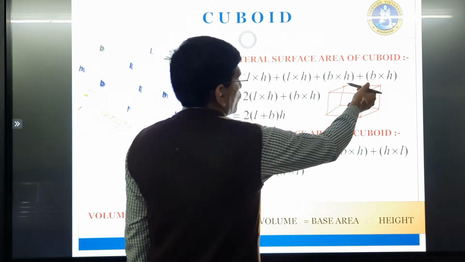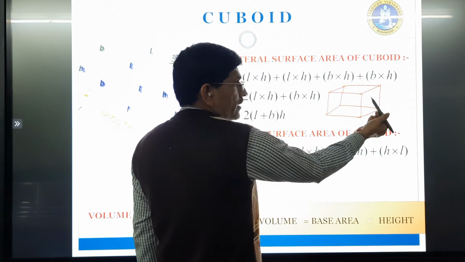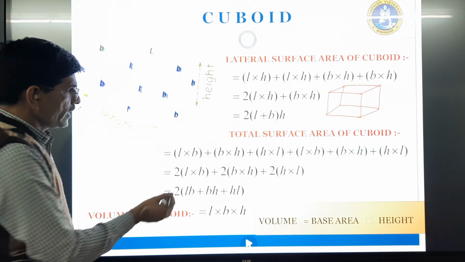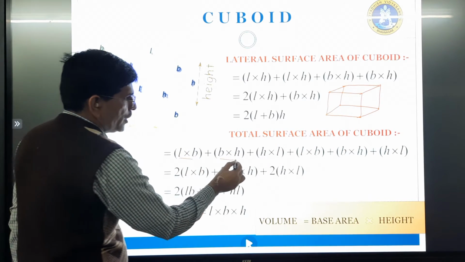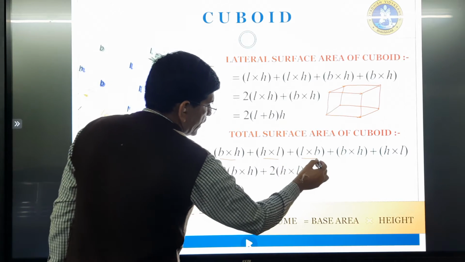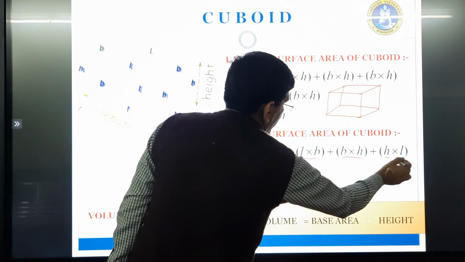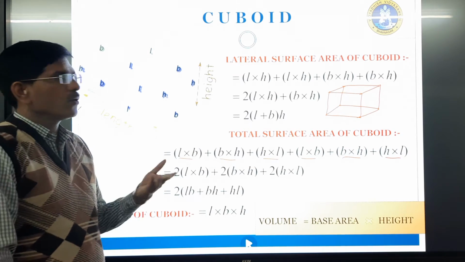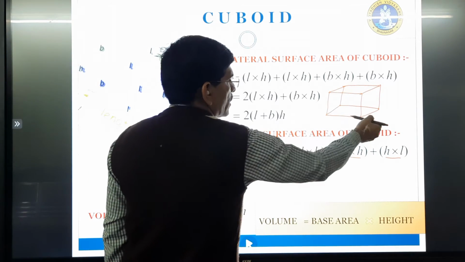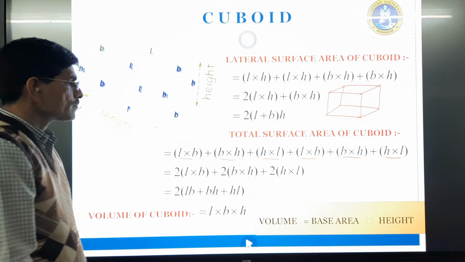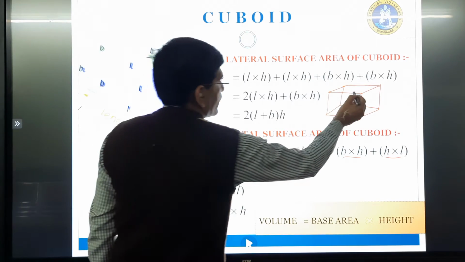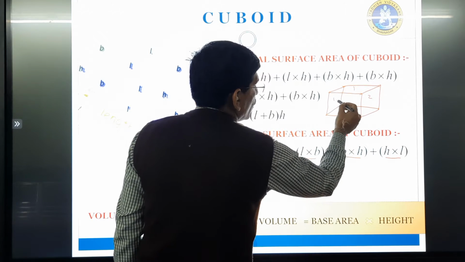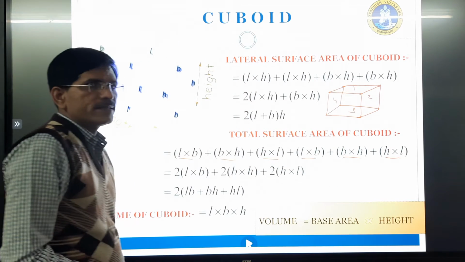Top and bottom are the same, front and back are the same, left and right are the same. So L into B, B into H, H into L, each twice.